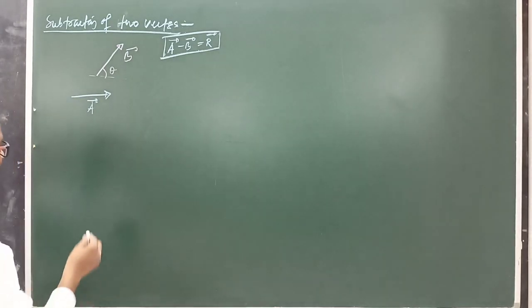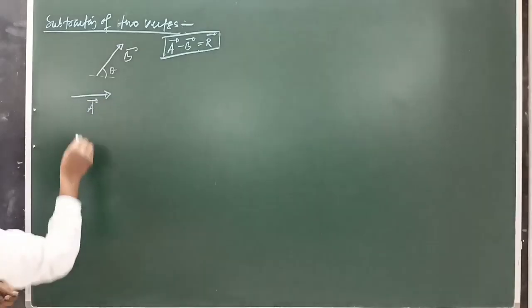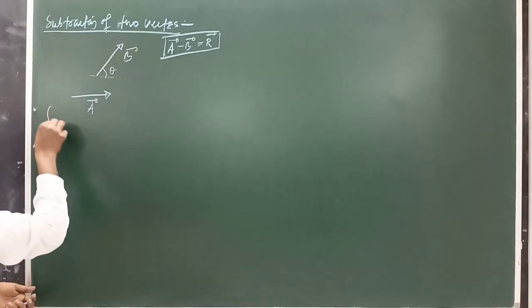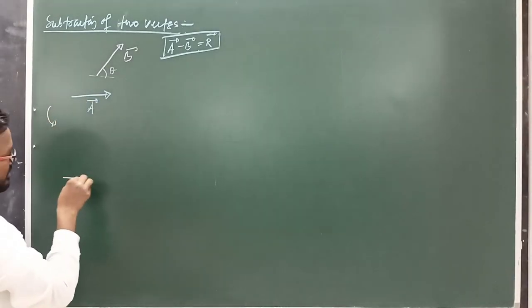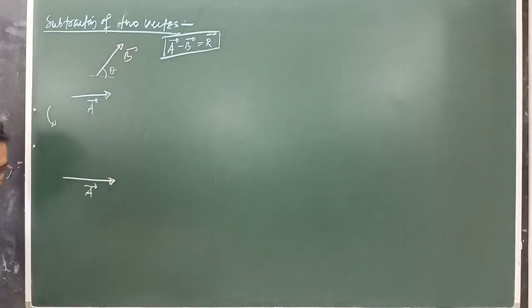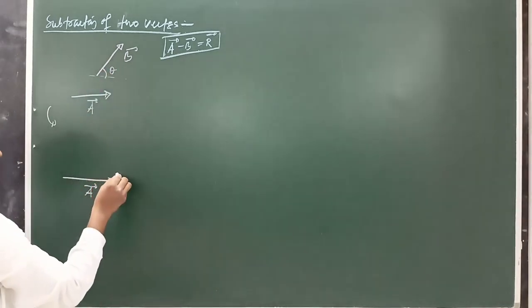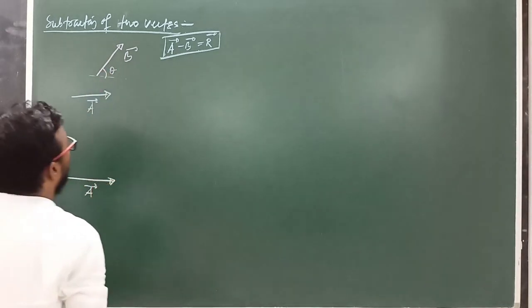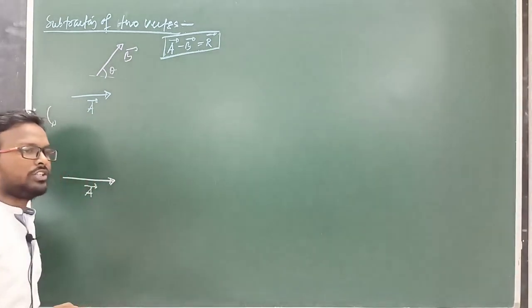Clear? So in this case, look at this diagram. First, the parallel shifting of vector A. This is parallel shifting of vector A without changing its magnitude and direction. Clear? Okay. This is another vector, B vector, here. So how can we find the angle between two vectors?